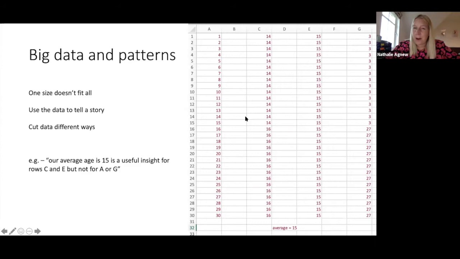It becomes much harder. So it's quite obvious there the way this data is ordered, and because we only have 30 numbers in each set. But once you start looking at huge big spreadsheets and applying things like averages, sometimes that doesn't really work.